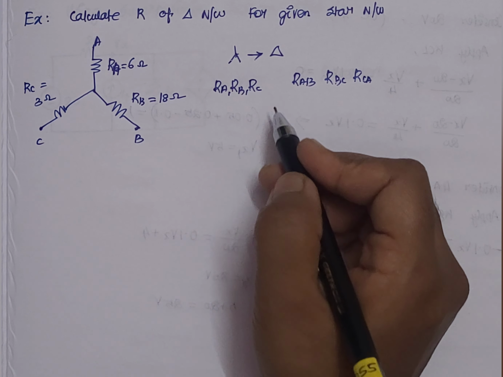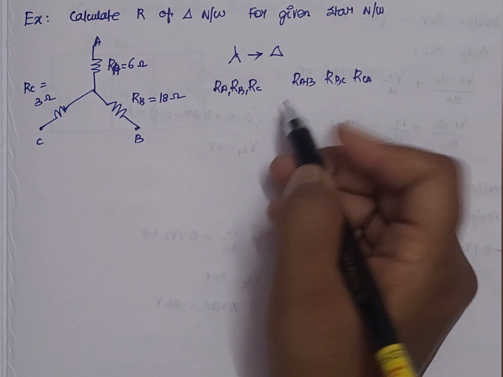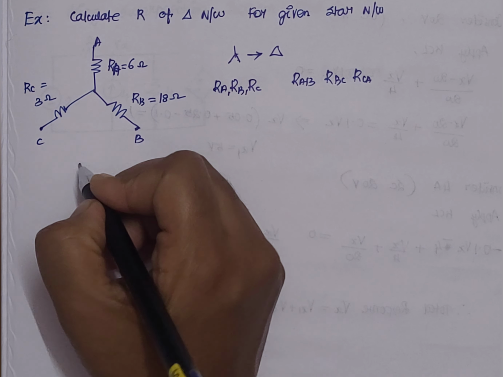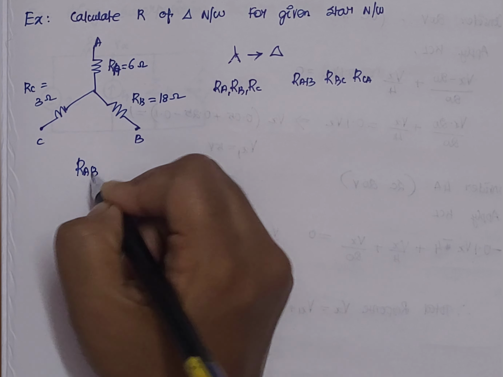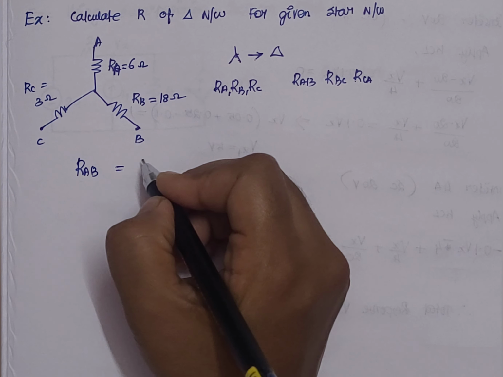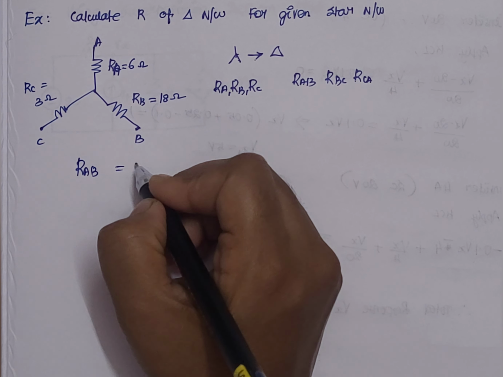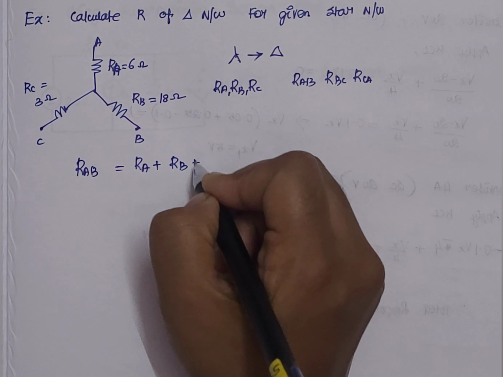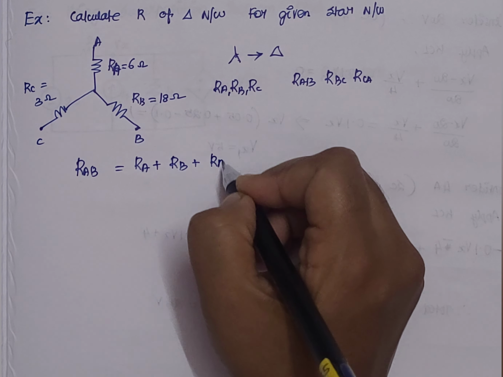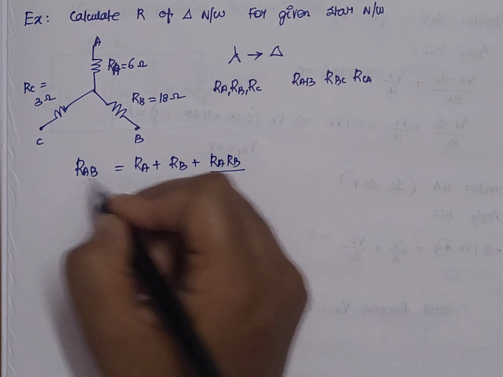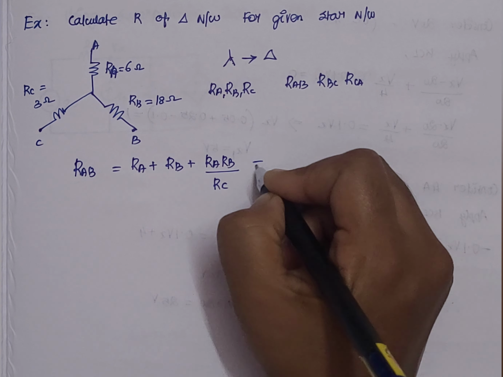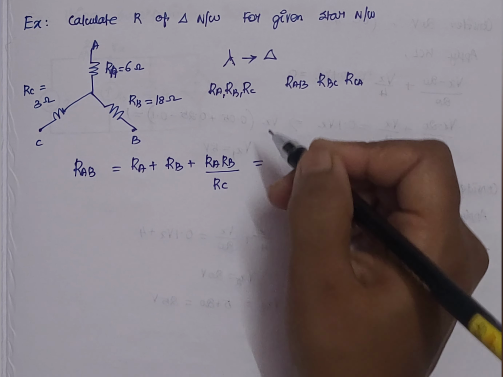So we have to apply the formulas for converting star to its equivalent delta network, and the formula to calculate the value of RAB, like we have seen before, is the individual resistance term first, RA, plus the remaining term RB, plus the product of the two terms RA RB divided by the leftover variable, which is RC. So substitute the values of RA, RB and RC now.